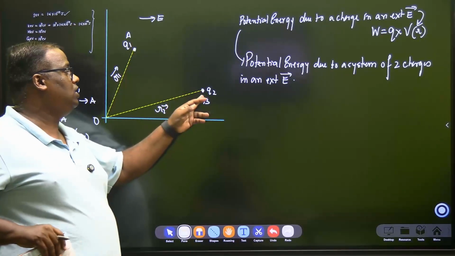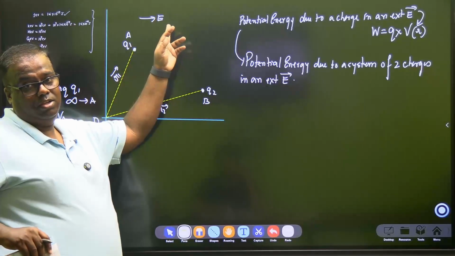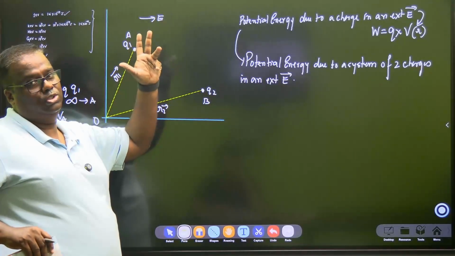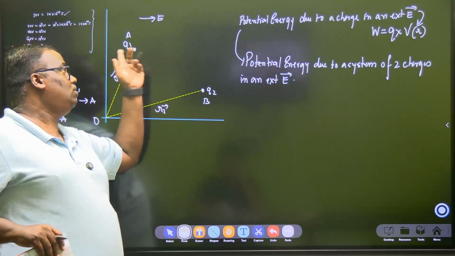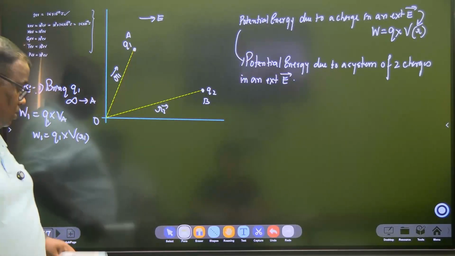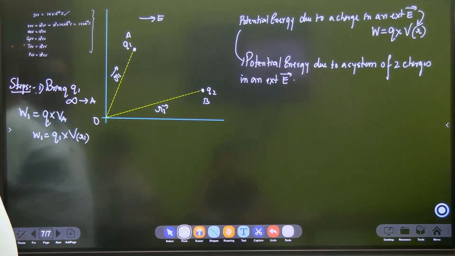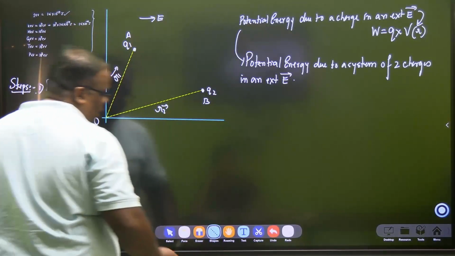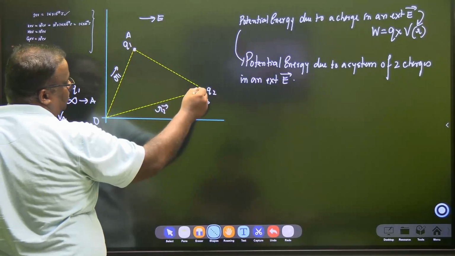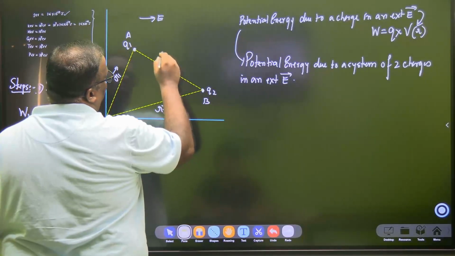One is the potential at B due to the external electric field, which is V(R2), and also the potential due to A, which has already come. For that we will need the distance between A and B, and this will be given by R12.